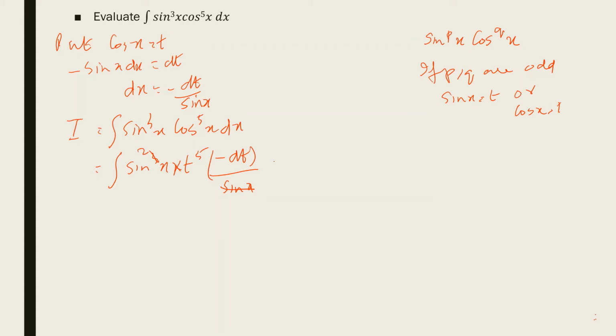So now the expression will become minus, I am taking it outside, sin square x, then t raised to 5 dt. So this sin square also we have to convert. How can we convert this sin square x? You can write it as 1 minus cos square x into t raised to 5 dt.